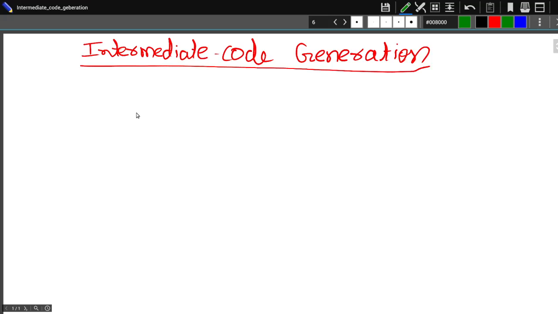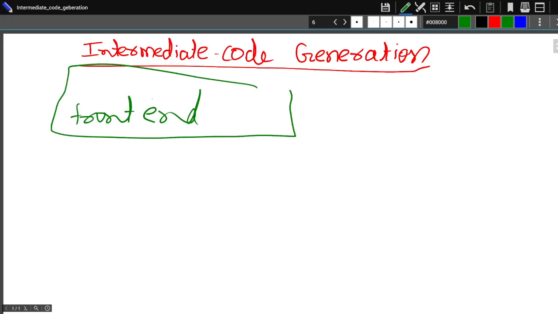We all understand one thing, that in the analysis synthesis model of a compiler, we have a front end and a back end, right? So what happens in the front end? You will have your parser, the syntactic checker, and the intermediate code generator.